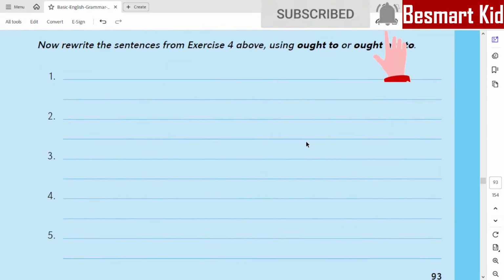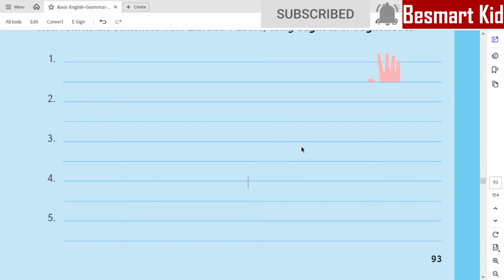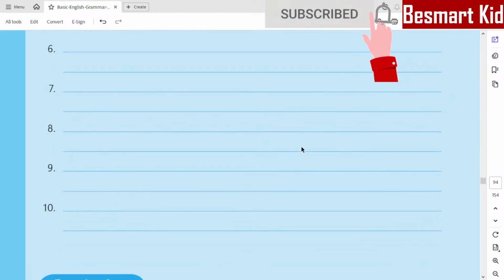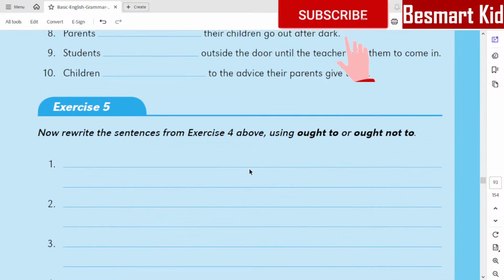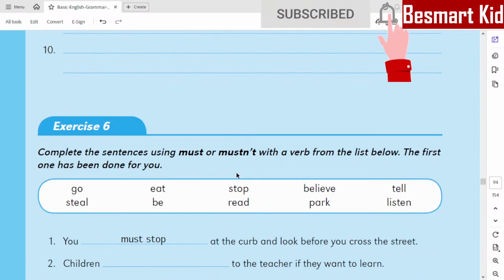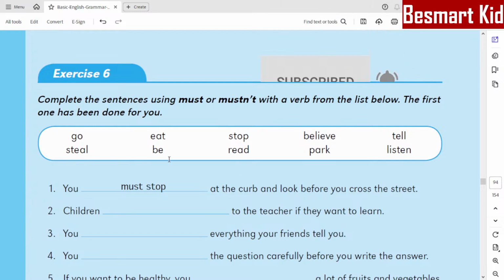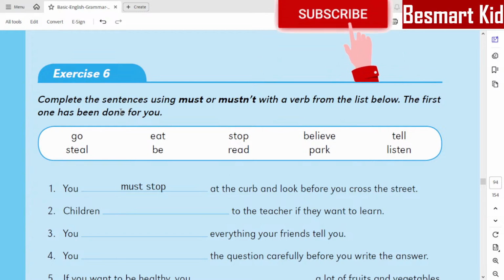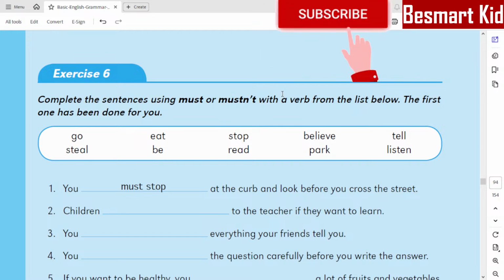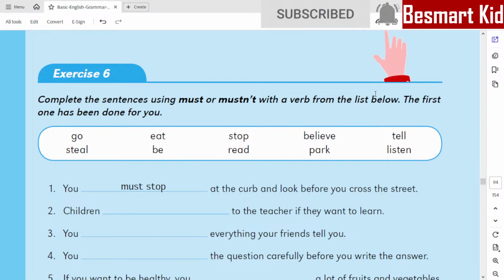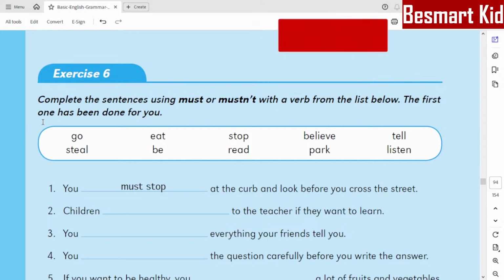Here, you must write 10 of those sentences and here there are 10 questions. Exercise 6. Complete the sentences using must or mustn't with a verb from the list below. The first has been done for you.